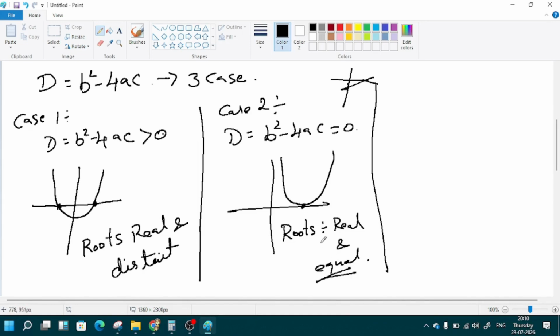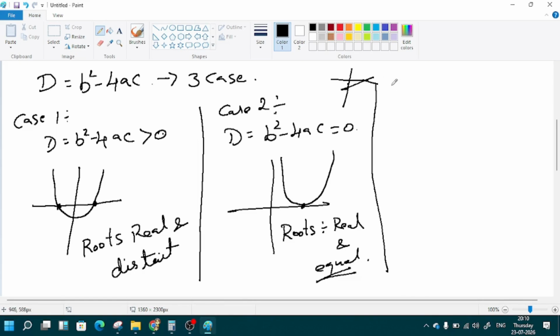For example, while solving some equation, you will get the answer for x as 2, 2, or 3, 3, or 4, 4. You get the same value two times. That is called real and equal roots. The curve might be upwards or downwards anywhere, but it will touch the x-axis exactly at one point.